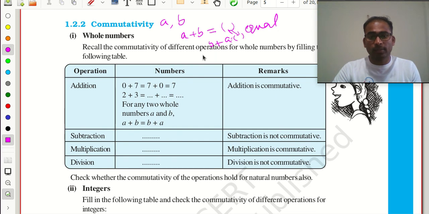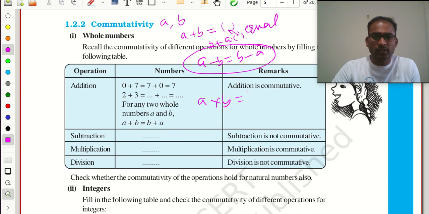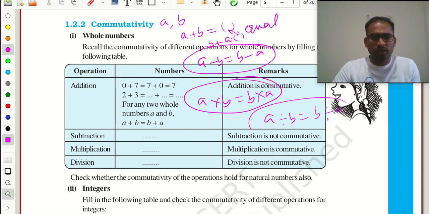In subtraction, a minus b is equal to b minus a. In multiplication, a multiply b is equal to b multiply a. And in division, a divided by b is equal to b divided by a. This has to be satisfied.